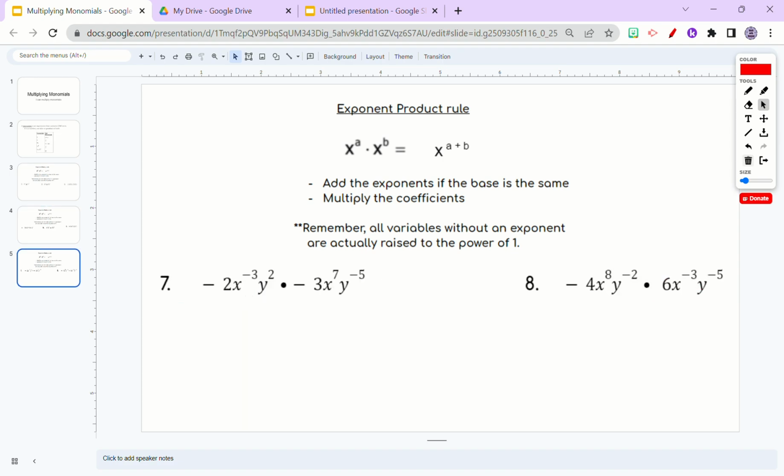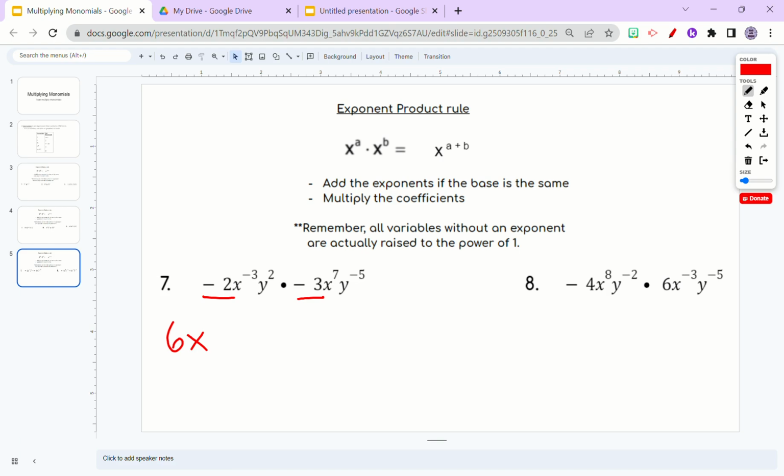Alrighty. Now let's look at a couple more examples, and these now have negatives. Alright, negative exponents. It's just a little extra step that we're going to do here. So we have negative 2 times negative 3 gets us positive 6. Next for our x's, we're going to keep the base of x.